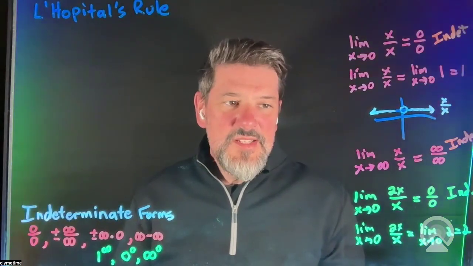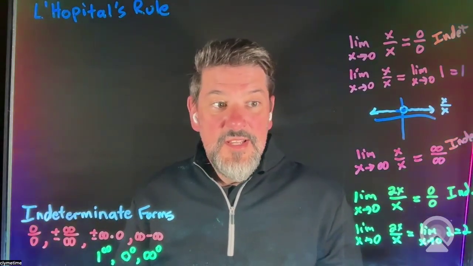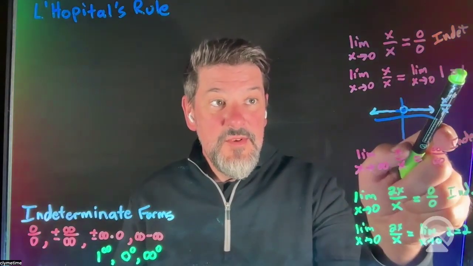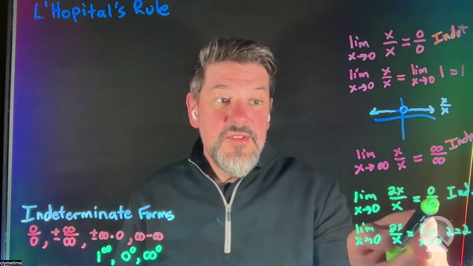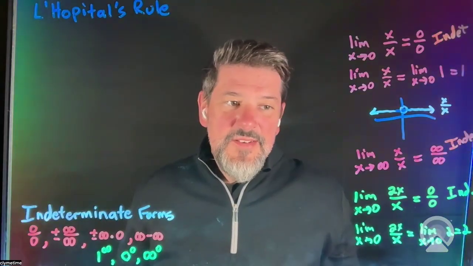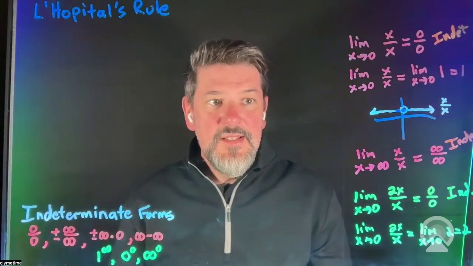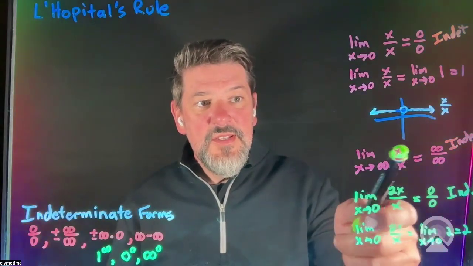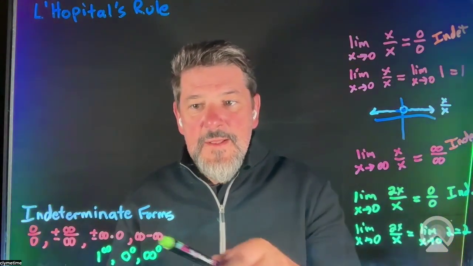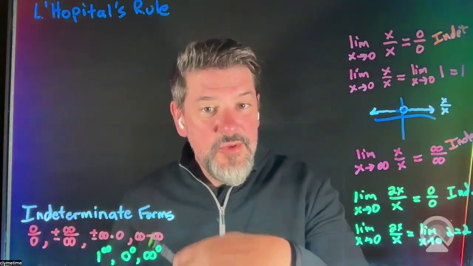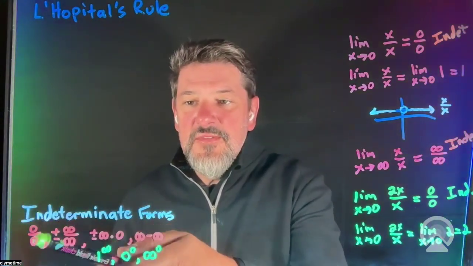So indeterminate basically means it can be more than one thing. In this case, 0 over 0 came out to be 1. In this case, 0 over 0 came out to be 2. So if it doesn't come out to be one value, it is indeterminate. And the same thing is true if we got infinity over infinity. So here are different forms for indeterminate. 0 over 0 is if when taking a limit, you get 0 over 0.